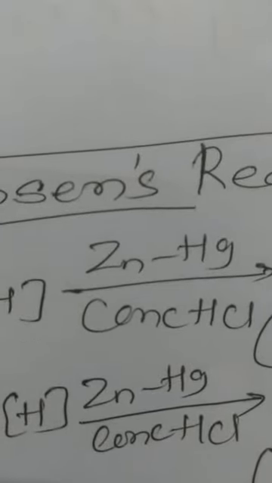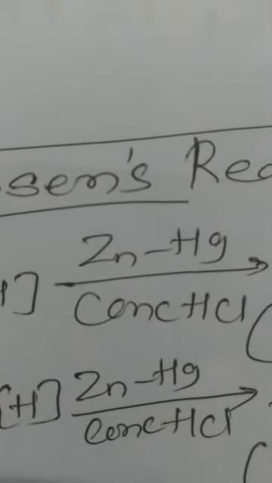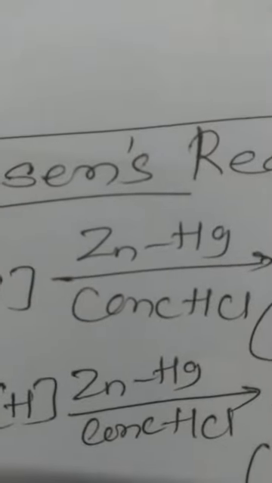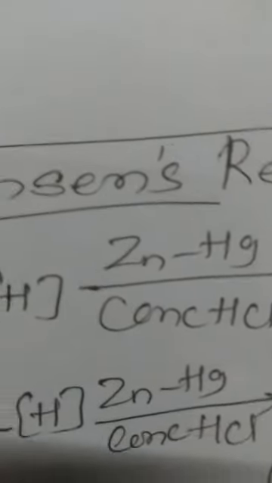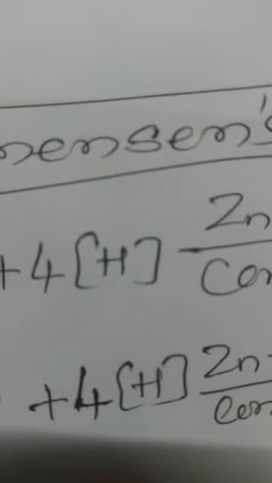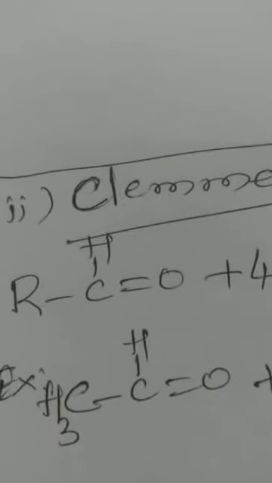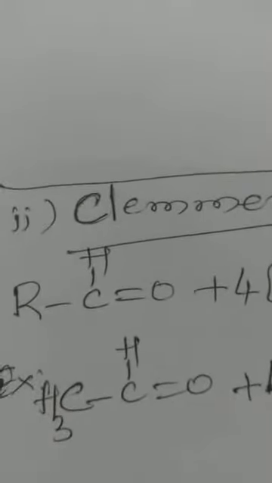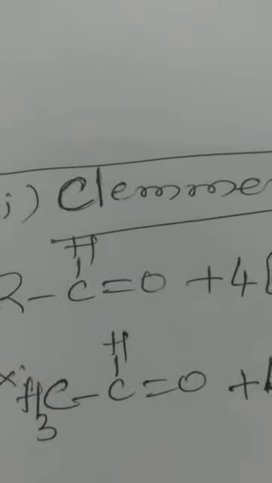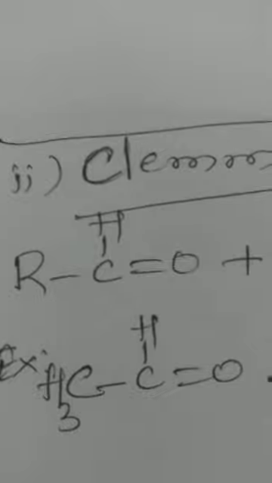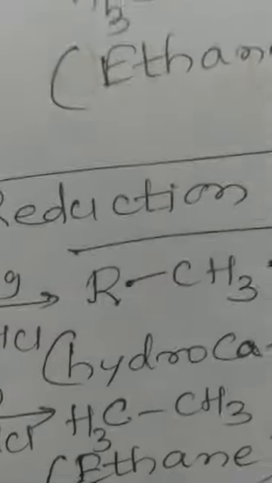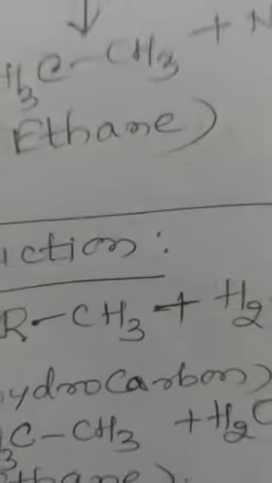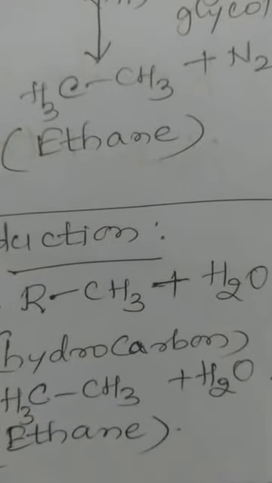ZnHg indicates zinc amalgam. The reaction between ZnHg and HCl liberates nascent hydrogen, which is written in square brackets. This nascent hydrogen will replace the oxygen of the aldehyde RCHO and convert the carbonyl group into a methylene group, and in the product you will get RCH3, once again a hydrocarbon, with the elimination of a water molecule.